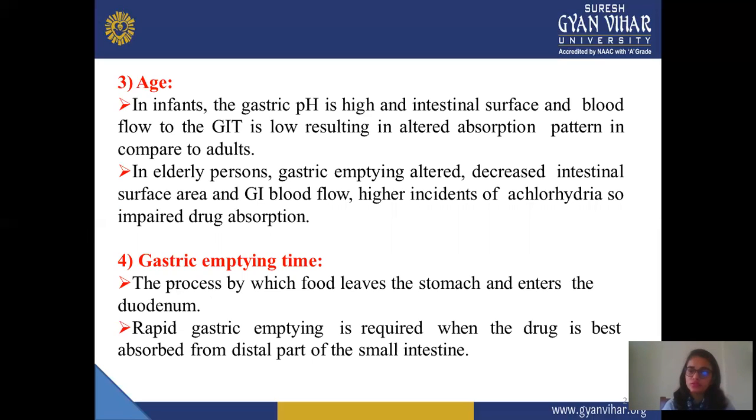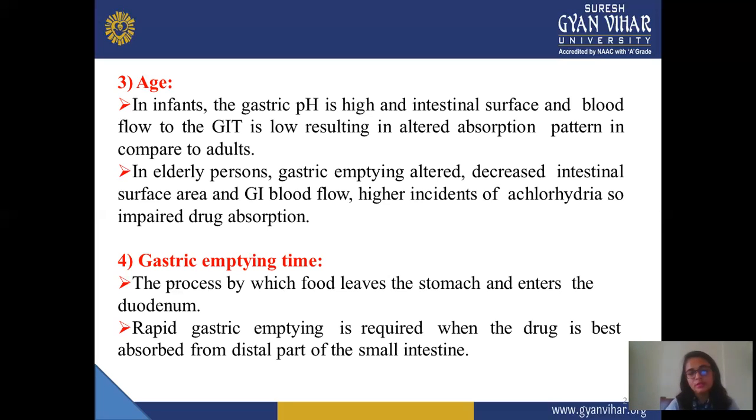This means age is also responsible for drug absorption. In children, absorption is greater because they do not have completely developed structures, and in old age it may affect the absorption rate according to the thickness of the membrane. So according to age, the absorption rate also varies.